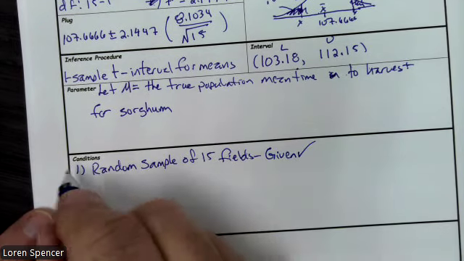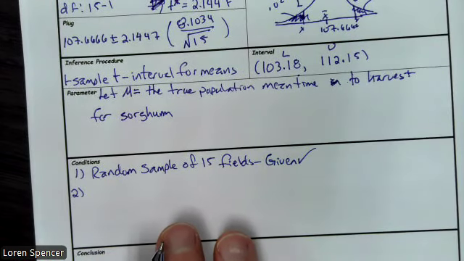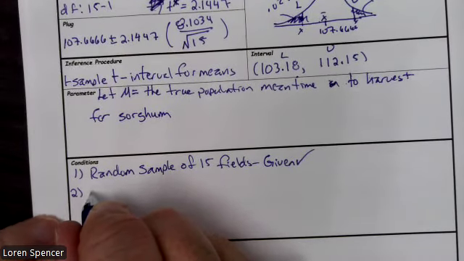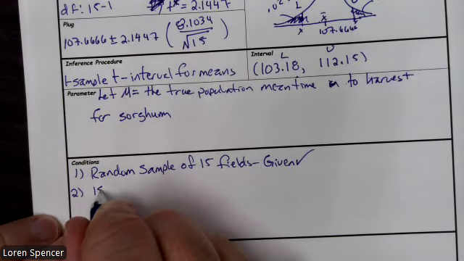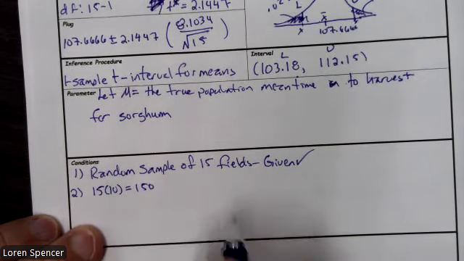So it's given. Second, we need to make sure that n is less than 10% of the population. N is 15, so 15 times 10, that's 150.